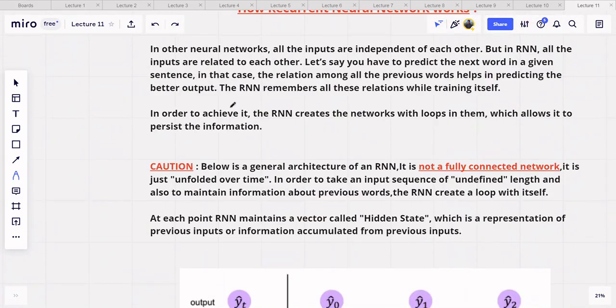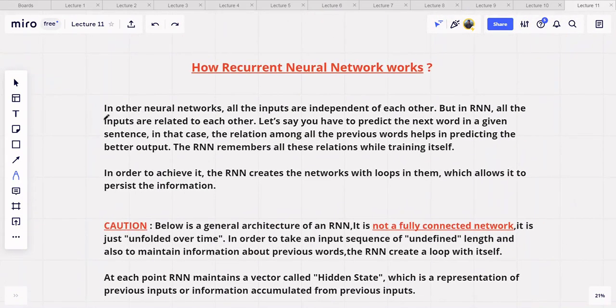In other neural networks, all the inputs are independent of each other, but in an RNN, all the inputs are related to each other. RNN remembers all the relationships while training itself. Depending upon the sequence, we get an output. Sequence here matters. Sequence basically means context.